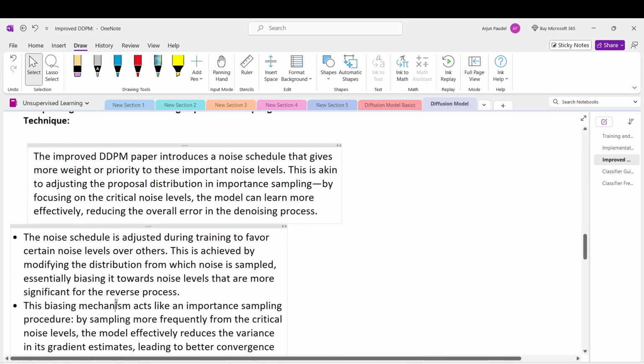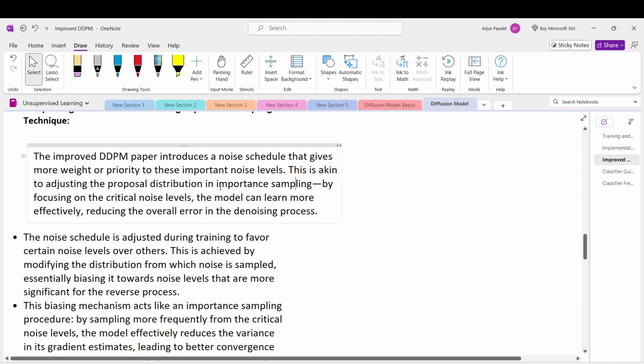To understand this, if you have an understanding of importance sampling in statistics, it's nice. So improved DDPM introduces a noise schedule that gives more weight or priority to these important noise levels. This is the same as adjusting the proposal distribution in importance sampling.